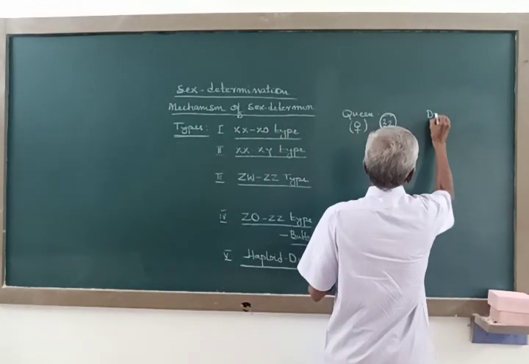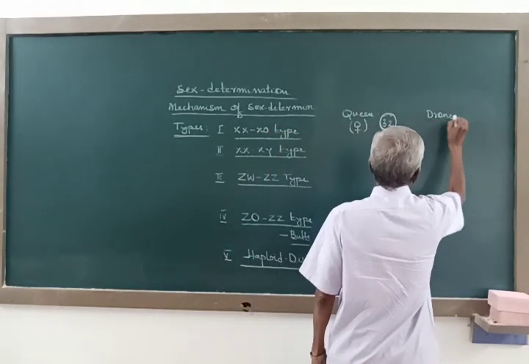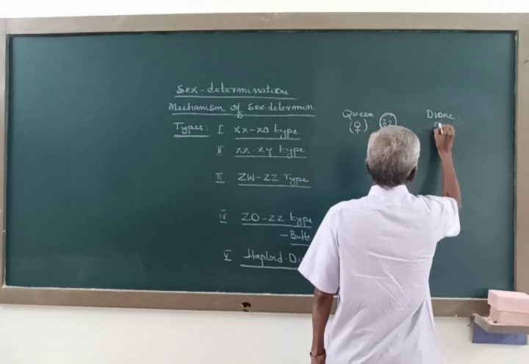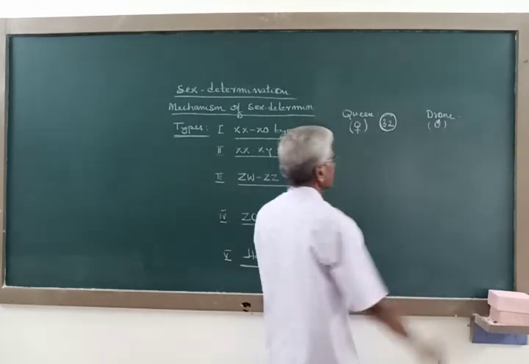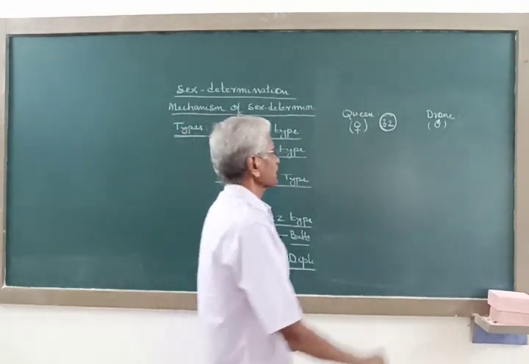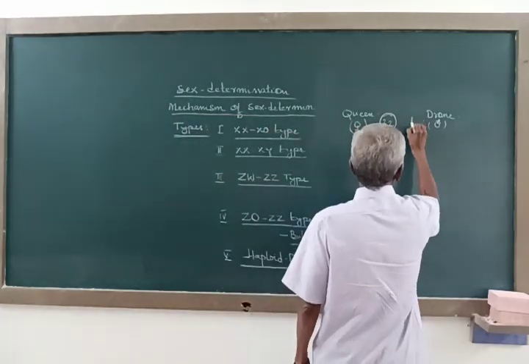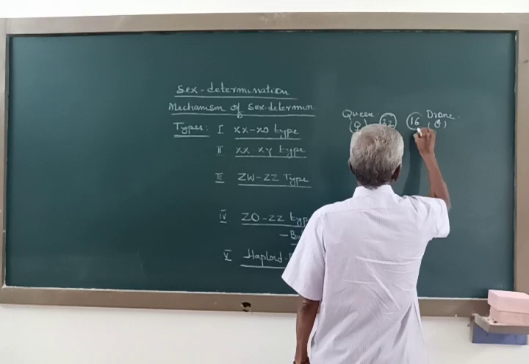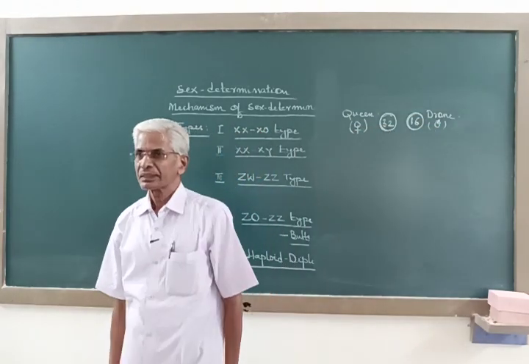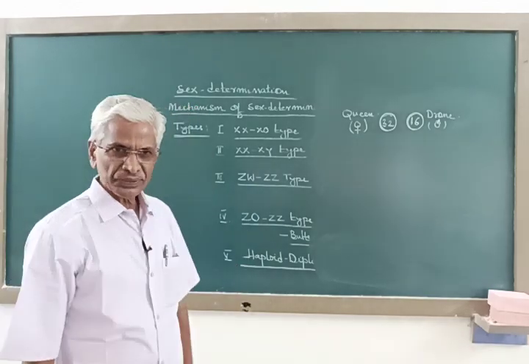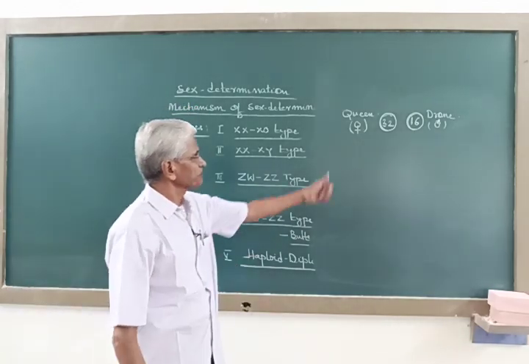Now here the drone bee, drone is a male, and it has a haploid number of chromosomes, that is 16, and both are reproductive individuals.